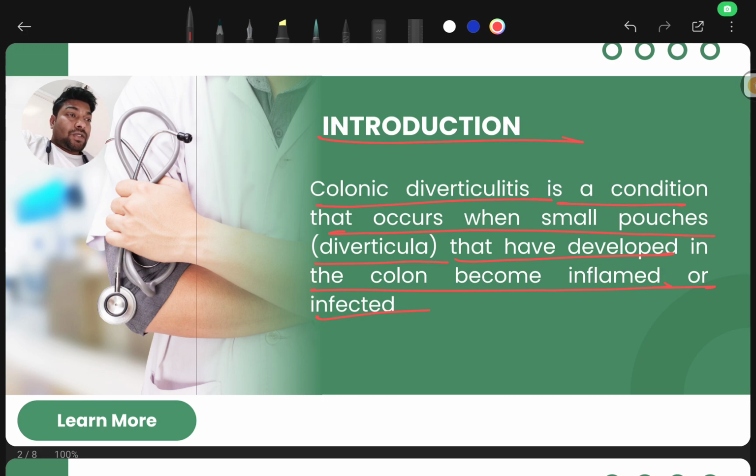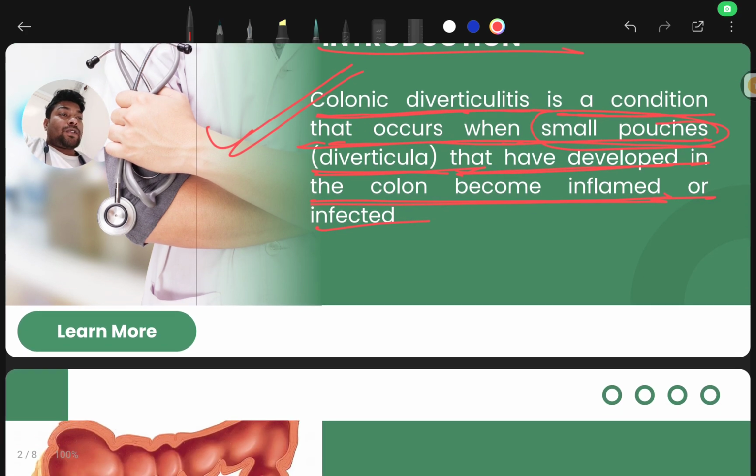Okay, so as we have seen in the introductions, colonic diverticulitis is a condition that occurs when small pouches or diverticula that have developed in the colon become inflamed or infected.